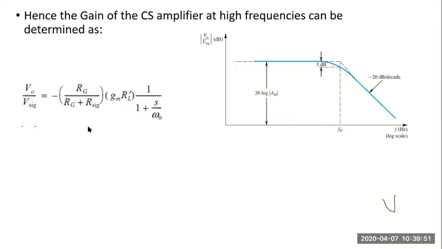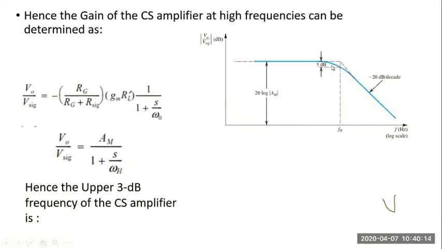Hence, as I try to find the magnitude of this, for this value I'll replace it with the midband gain AM. This whole thing is AM divided by 1 plus S by, instead of omega naught, we'll call that omega H. When do I call it omega H? It is that frequency where the gain falls by 3 decibels from the midband gain.